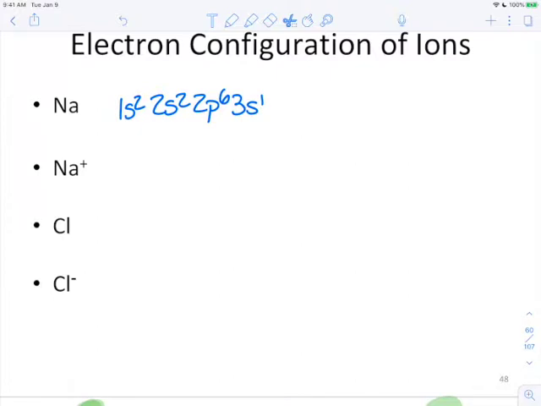All right, so that is the regular configuration for sodium, but now we want to look at sodium plus. So if we have a positive sodium, has that sodium gained an electron or lost an electron? Excellent. So I'm seeing a lot of lost in there. So this sodium has lost one electron.